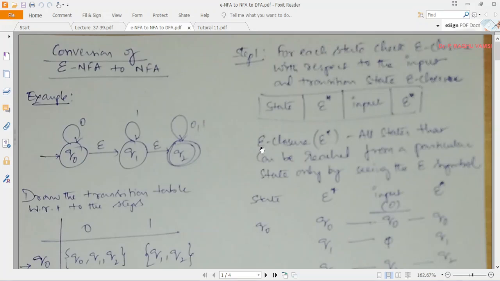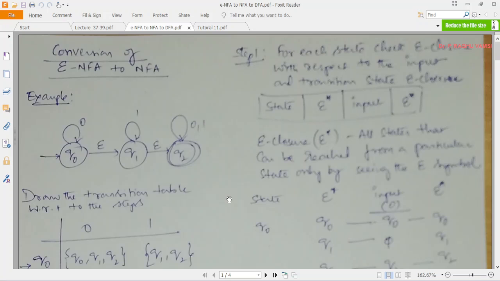In order to do step 1, we need to identify the epsilon closure. The epsilon closure is nothing but the same state and all the states that can be reached from a particular state by seeing the epsilon symbol.